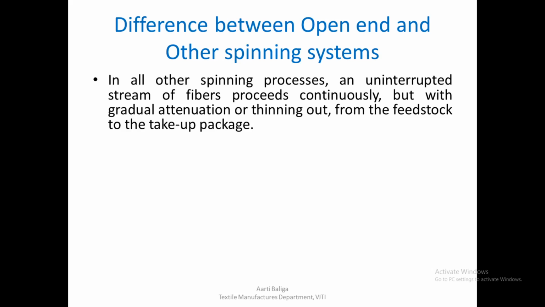If you see from blow room, it proceeds to the card in the form of a sliver, and once the sliver is made, the sliver proceeds further on to the draw frame, where it is in the sliver form itself going on to the speed frame. When it goes on to the speed frame, again that same is being drafted and made into a yarn. So it's a continuous process where the fibers are not opened out into their individual form at any stage.